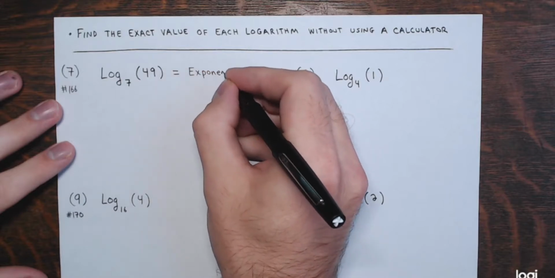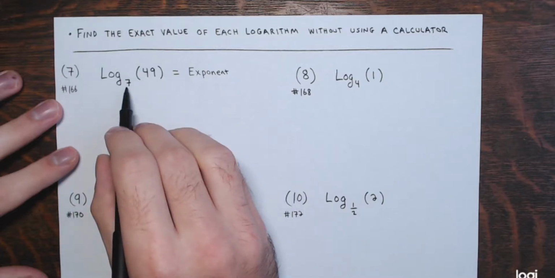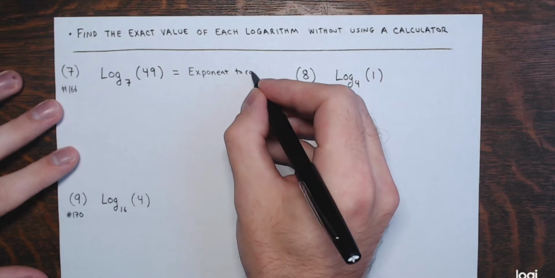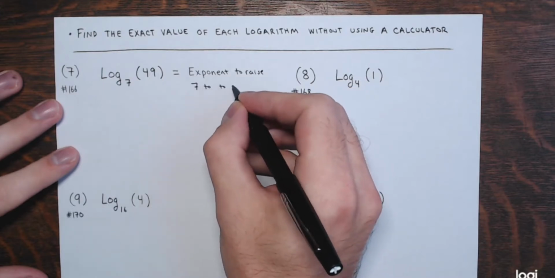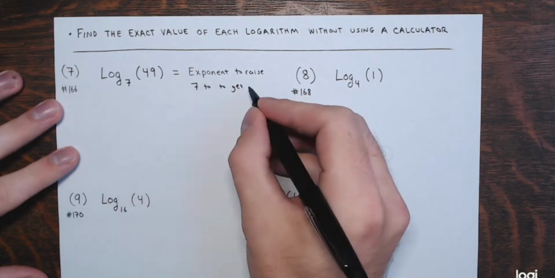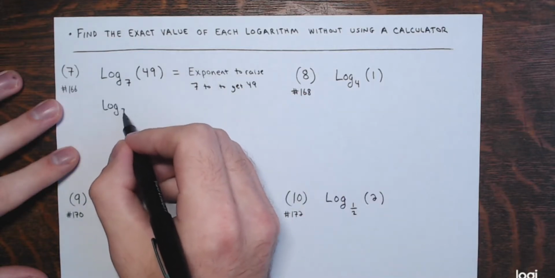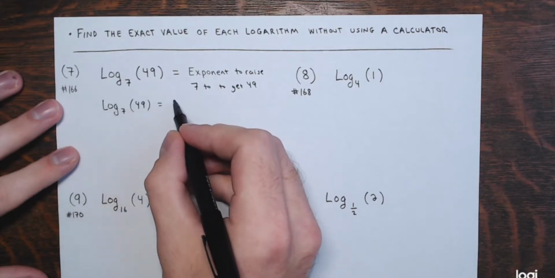It's equal to a number. And it's an exponent that you would raise 7 to get 49. Alright, so the log base 7 of 49 must be 2.